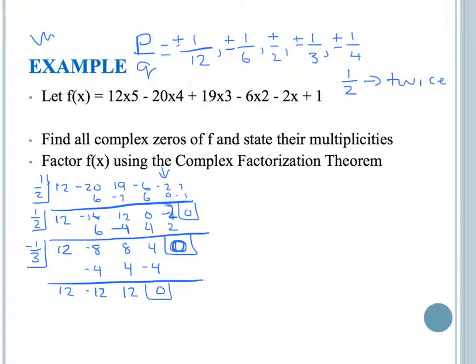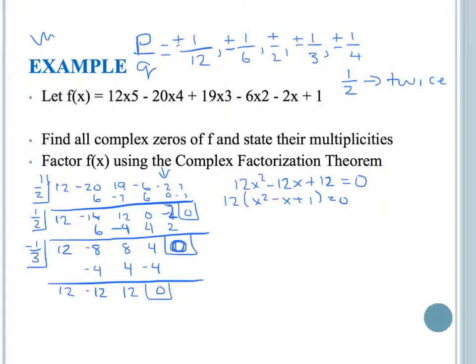So what I have from my depressed polynomial is 12x squared minus 12x plus 12 equals 0. First thing I'm going to do is factor out a 12. I have x squared minus x plus 1.